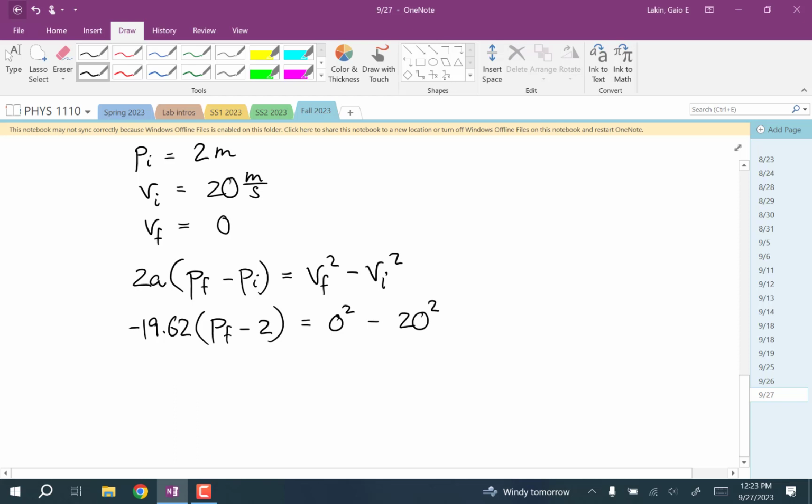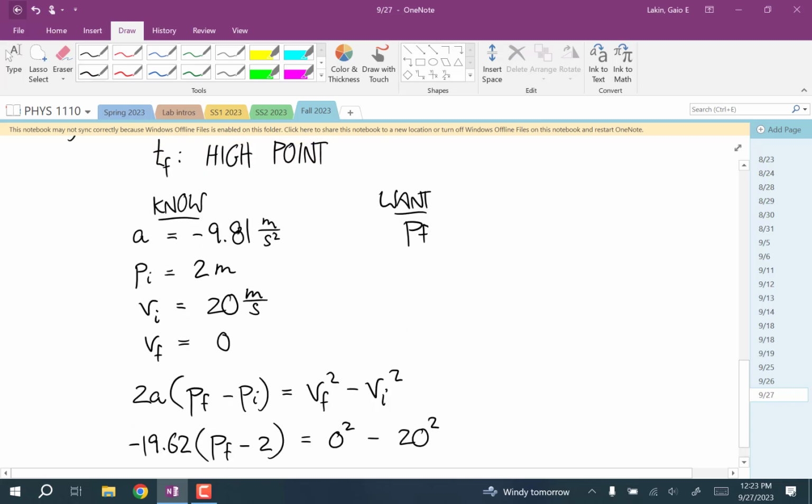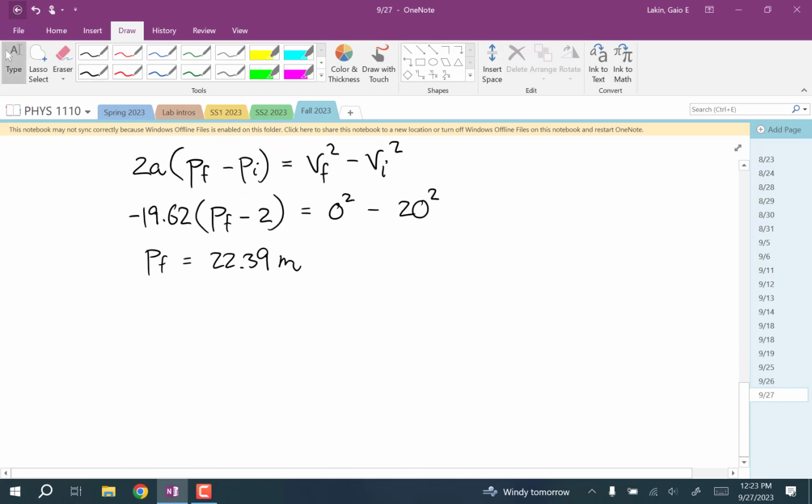You also have to multiply that negative 19.62 to the negative 2. And if you calculate this, you get PF is equal to 22.39. So that's for part A.